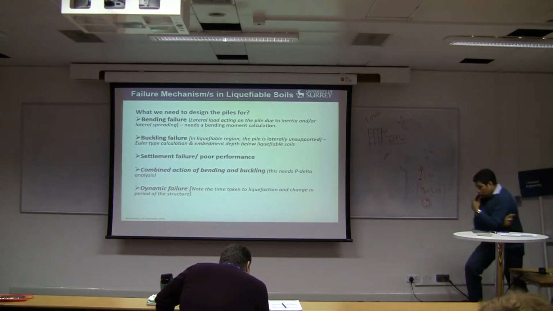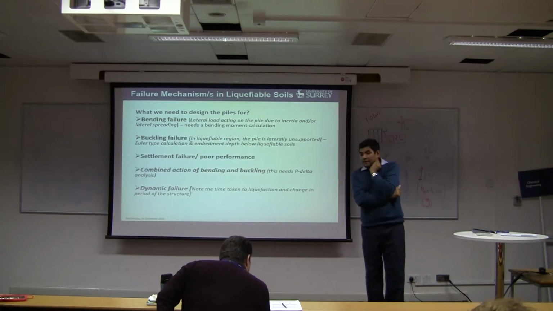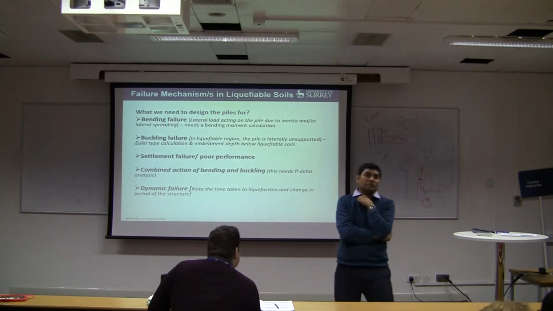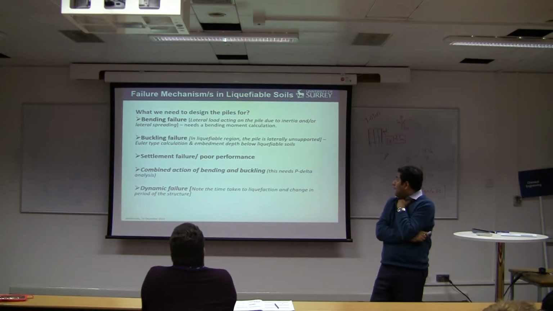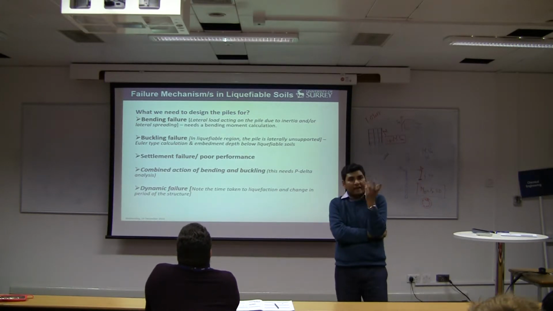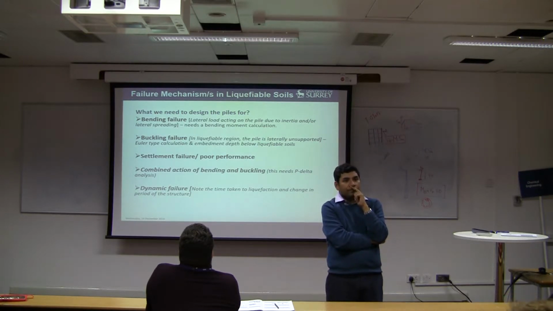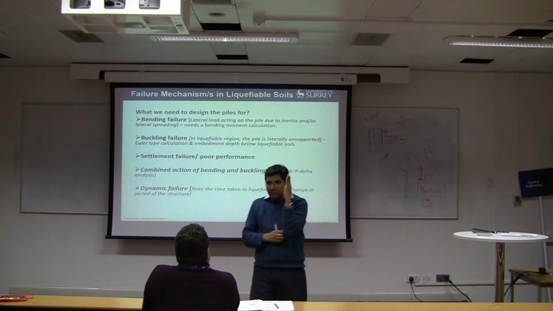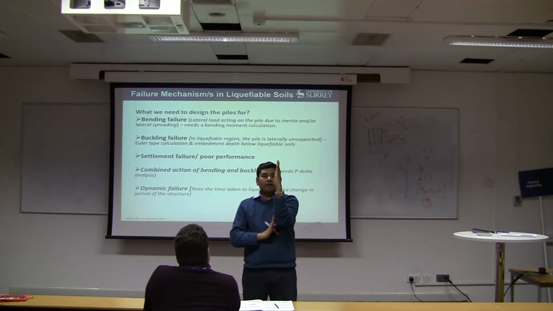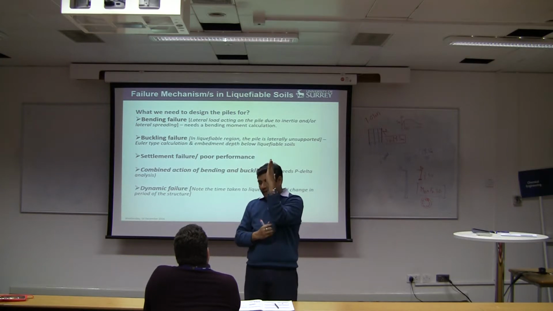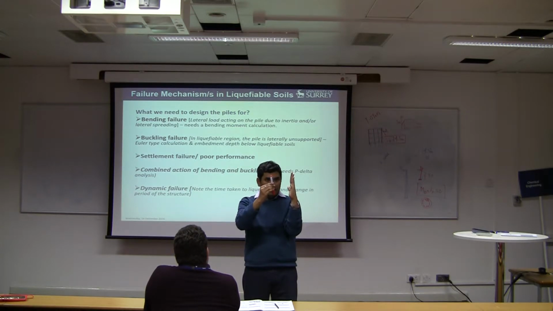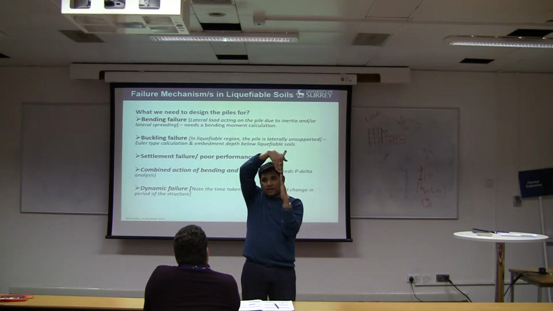So, therefore, when you are doing a design, what would you look for? What are the things you must look at? Bending failure, why can it happen? Bending of pile: if the member is axial, that's axial load, but anything cross is bending, isn't it?